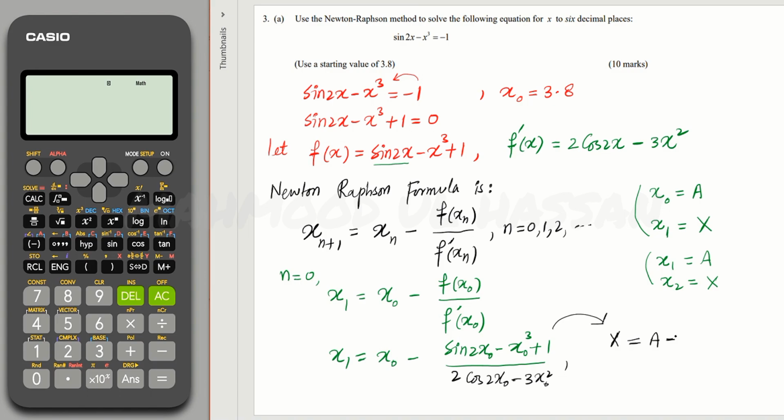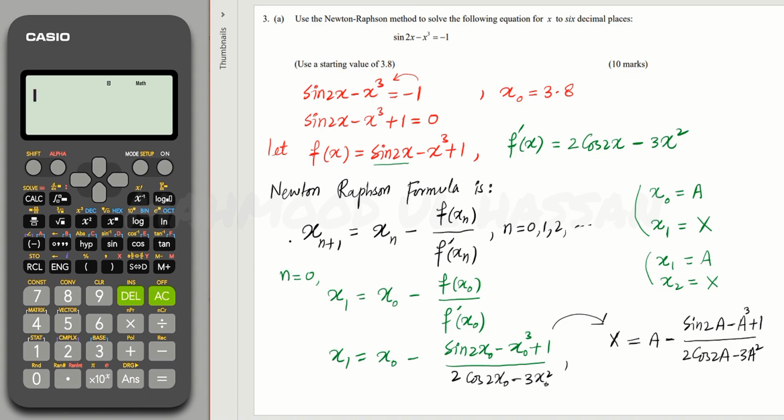Then it becomes a minus, sine 2a, then minus a cube plus 1, divided by 2 times cos of 2a, and then minus 3a squared. Now let's save all these formulas and functions into the calculator.